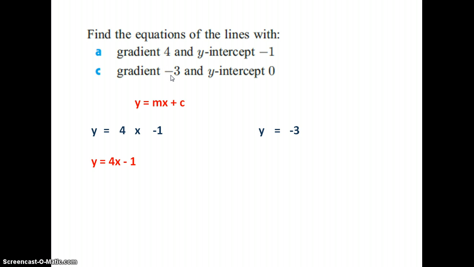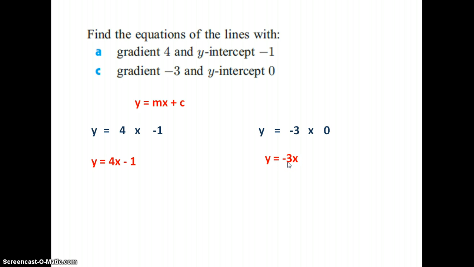Then you want your x. Then go to the y-intercept, which is 0. I will still write 0, but let's rewrite it and simplify the equation. It should be just y is equal to negative 3x. There is no need for you to write plus 0 or minus 0, because it doesn't mean anything. So this is the simplified version.